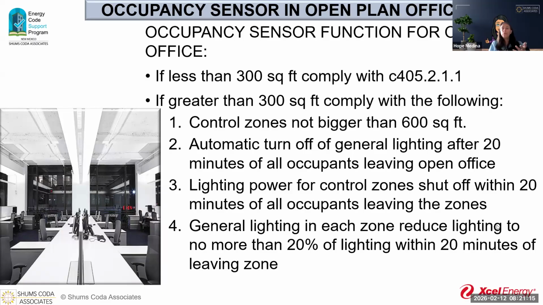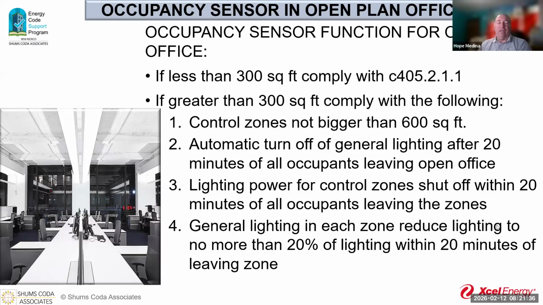And then the general lighting is going to be reduced to no more than 20% of lighting when people have left the space for 20 minutes. Makes sense? Now that I kind of stumbled over my words there.